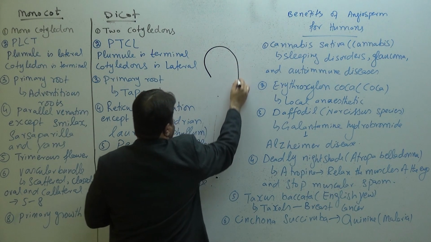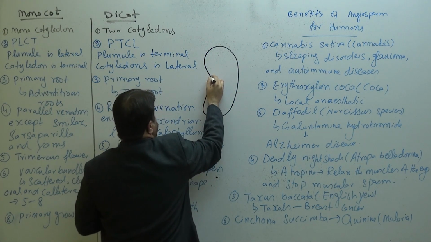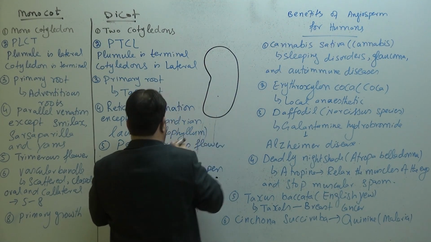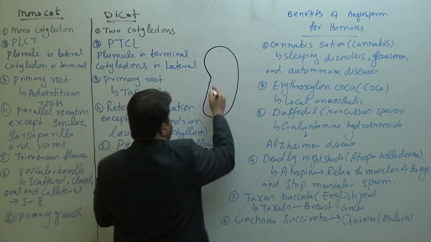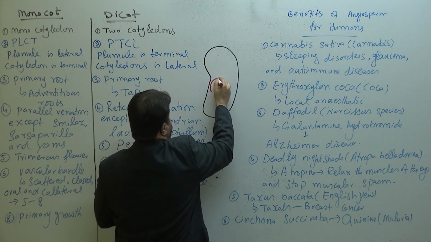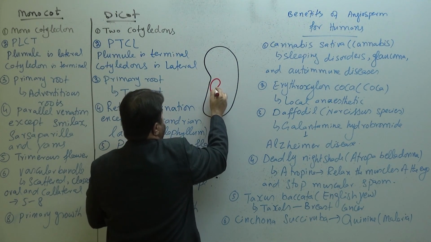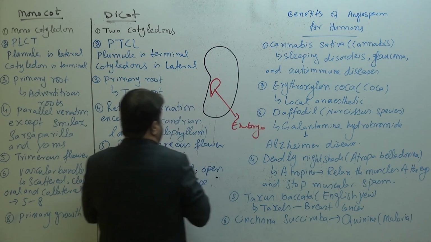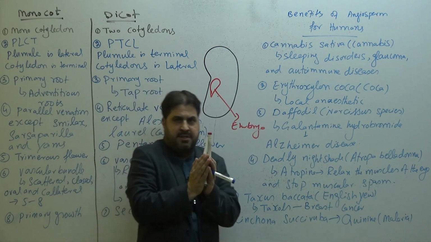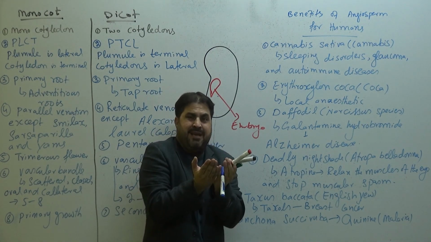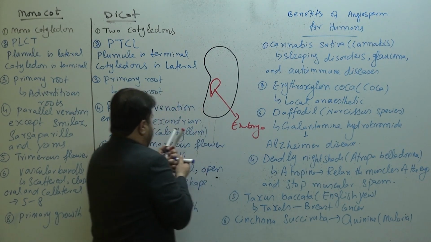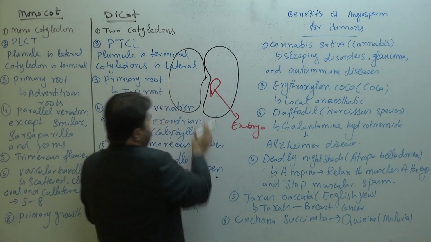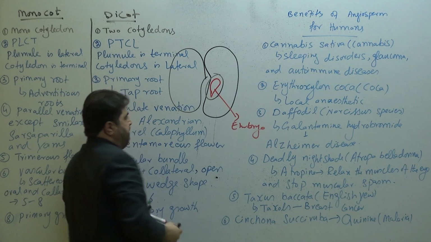Let's suppose that's a bean seed. We remove the outer testa and tegmen, and then we observe the embryo. When we open the seed, one cotyledon will be on one side and another cotyledon on the other side. There we observe the embryo.